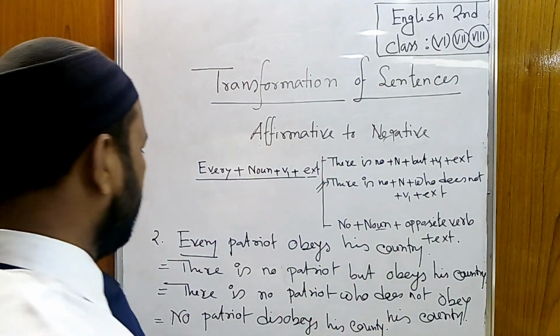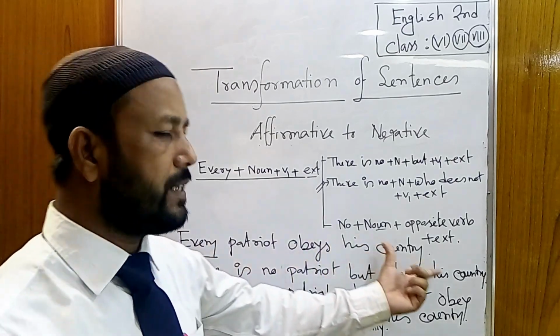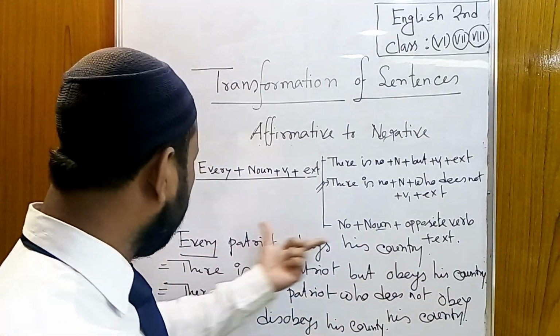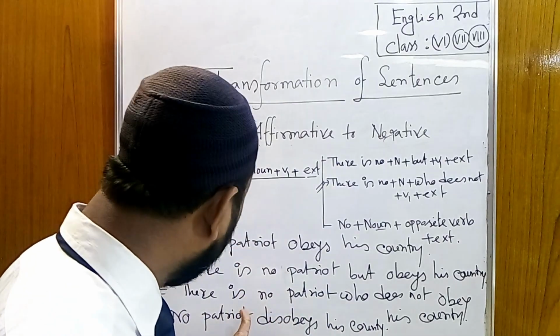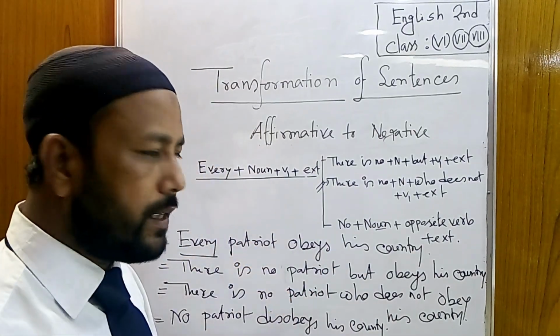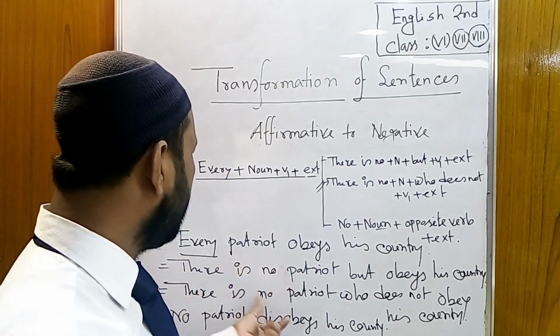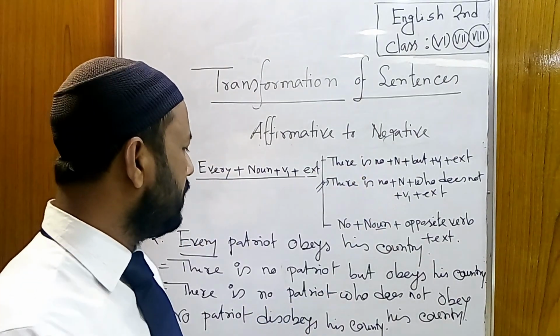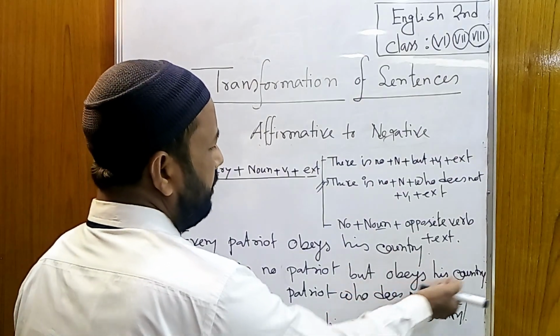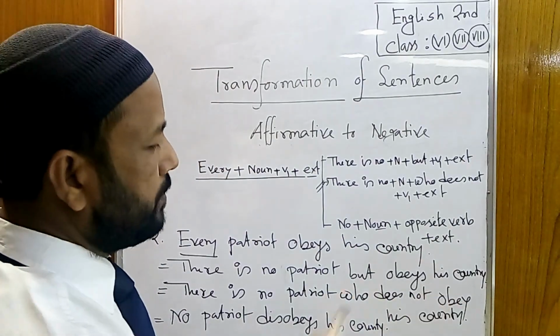Okay, my dear students, the sentence is every patriot obeys his country, and how do we convert it into negative, I will show you three examples in a row. The first example is there is no, then patriot means noun, then but, verb, the rest of the parts of the sentence.